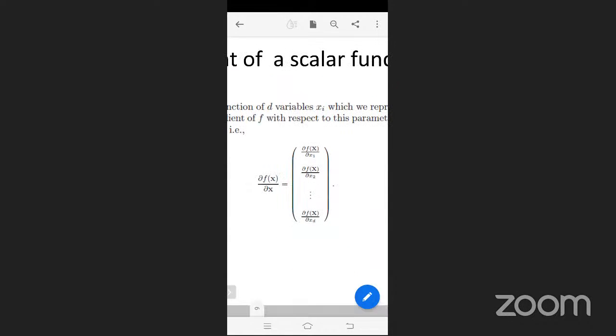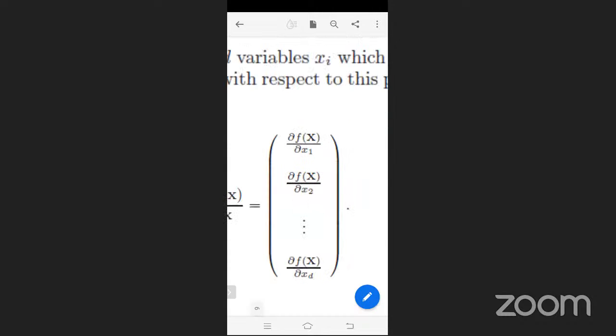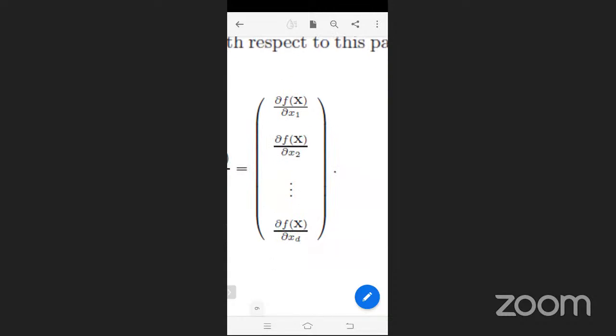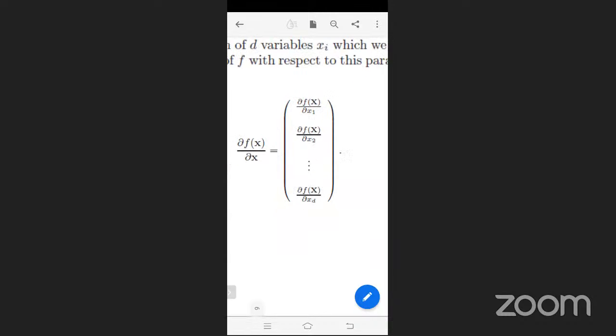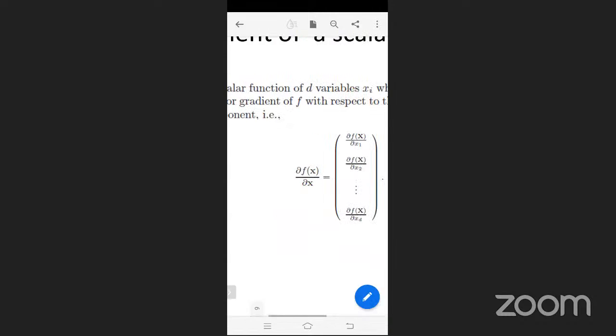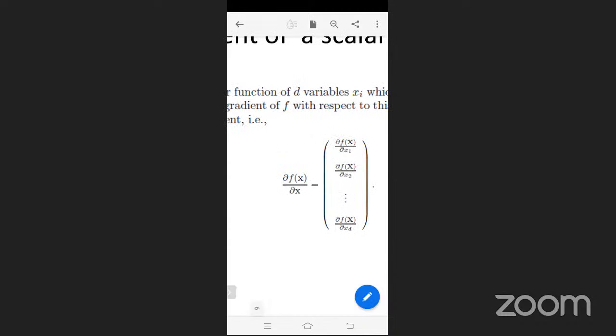You take the partial derivative of that function with respect to each of the independent variables, like dou f(x) by dou x1, dou f(x) by dou x2, dou f(x) by dou xd, and vector x is x1, x2, x3 till xd. So the gradient of a function, what is it? Is it a scalar? Is it a vector? Is it a matrix? Look at this and tell me.